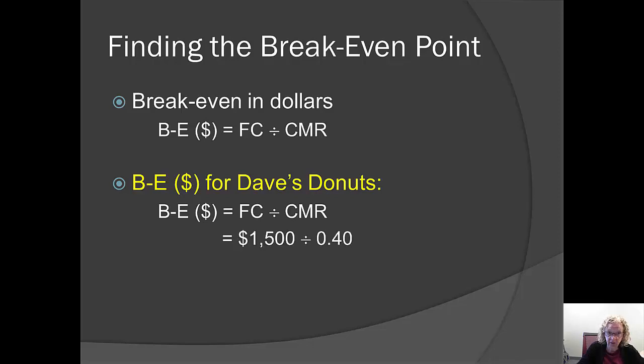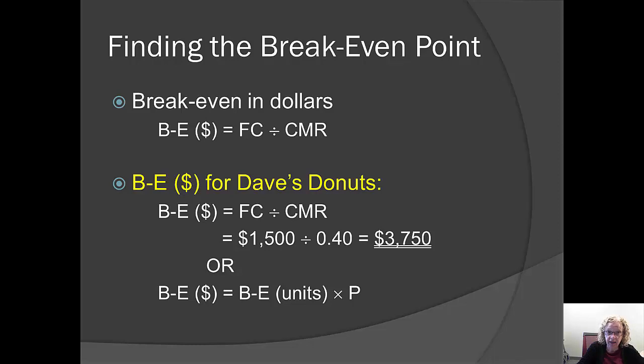We know that the firm's fixed cost is $1,500. Contribution margin ratio was 40%. When we divide it out, we get a number, $3,750. Remember, that's dollars of sales revenue, not donuts that need to be sold.